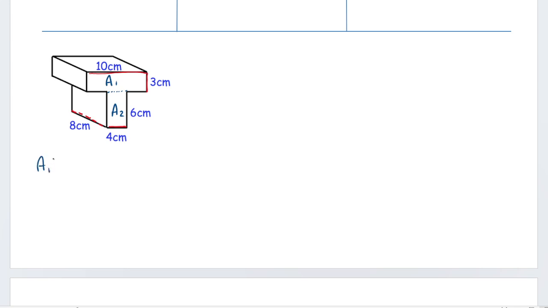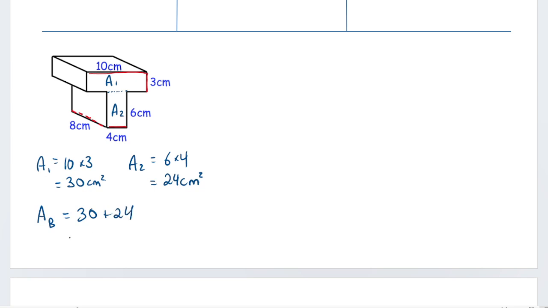So area 1 is equal to 10 times 3, which is 30 centimeters squared. Area 2 is 6 times 4, which is 24 centimeters squared. So the area of our base is going to be 30 plus 24 equals 54 centimeters squared.